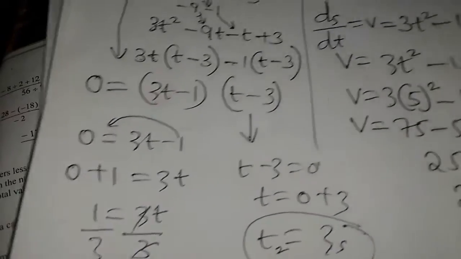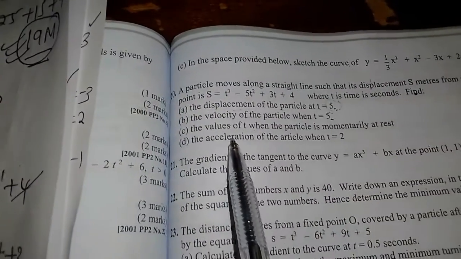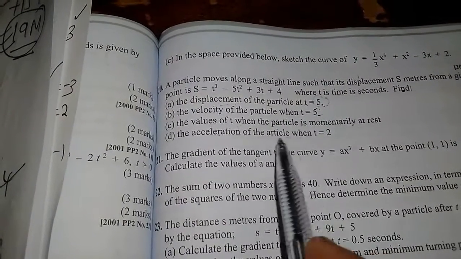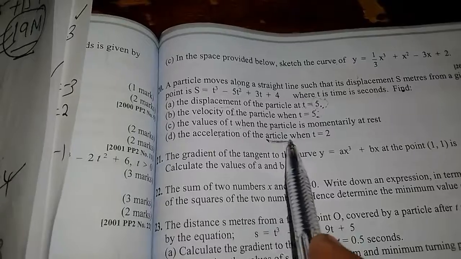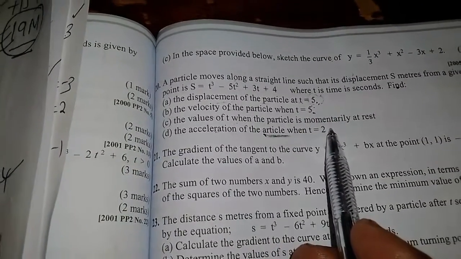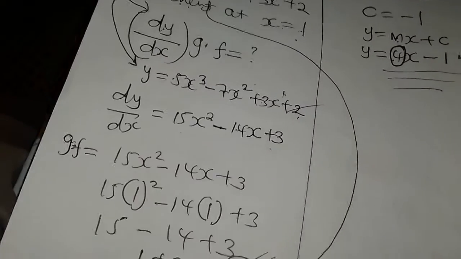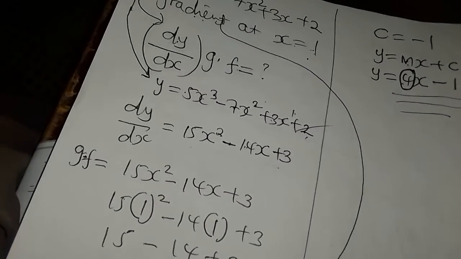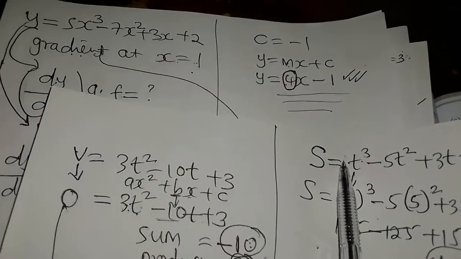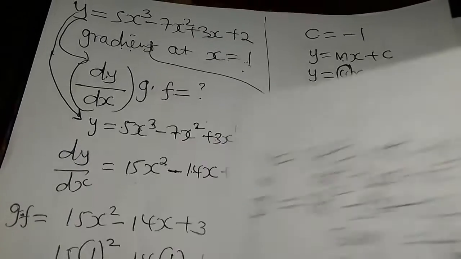Okay, and the last part of that question says the acceleration of the particle when time is 2 seconds. Look at this. We cannot get the acceleration of a particle by using the equation for displacement, neither by using the equation for velocity. You have to actually get the equation for acceleration.